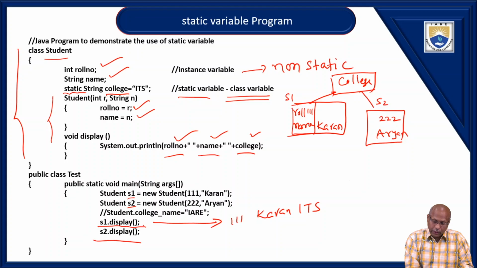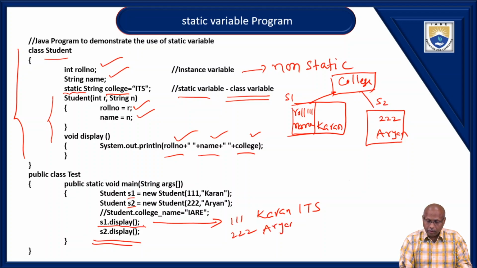Similarly, when I call S2.display, what does it display? First roll number, 222. Then it will display the name, Aryan. And then next is college. College is also the same, ITS. So that means this is the output of this program. If you run the program, you will get this.